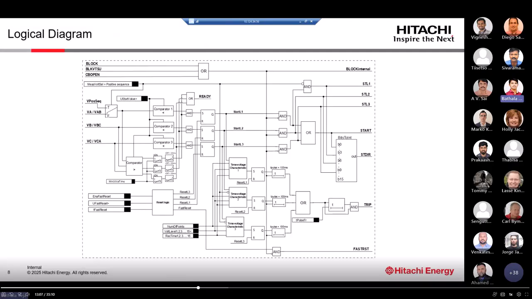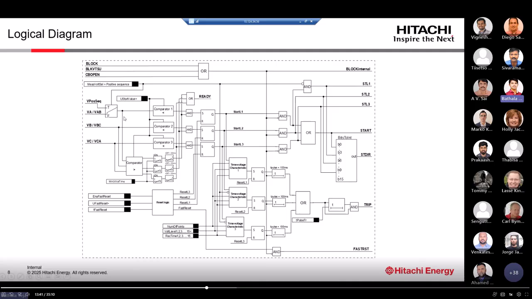Coming to this logical diagram, you can see the operating quantities considered, like positive sequence, phase to phase, and phase to neutral quantities. The choice between phase to phase and phase to neutral can be made outside, using the connection type. Whichever connection type is selected, that input comes into the function, and based upon the positive sequence setting for measured voltage, either the positive sequence or the three phase quantities will be considered.